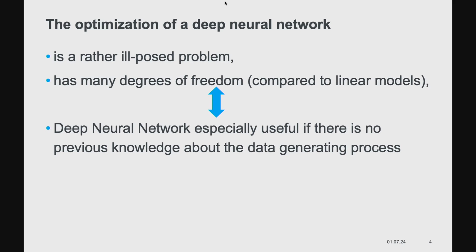Well, for those who have been to Introduction to AI, several search strategies are described, and we have a complex landscape for our parameters, and in general, we don't end up with the globally best parameter setting. So ill-posed because there may be many solutions. It's even unclear whether there is one best solution.